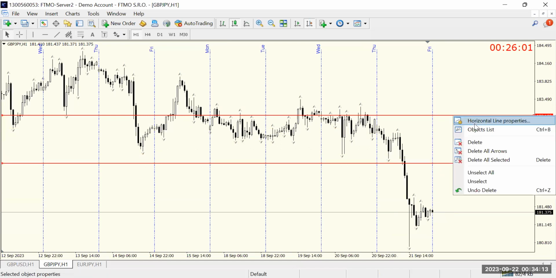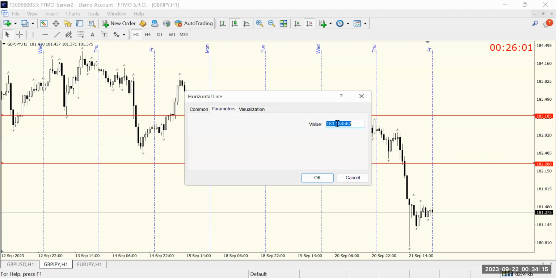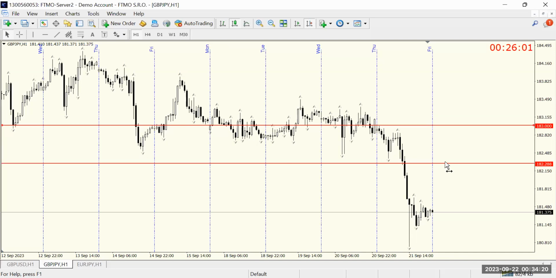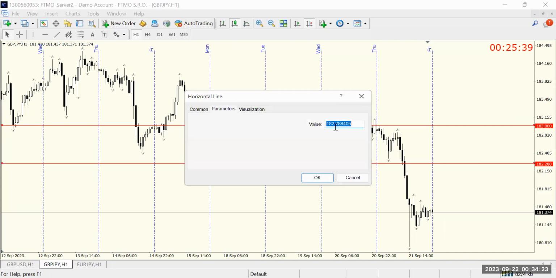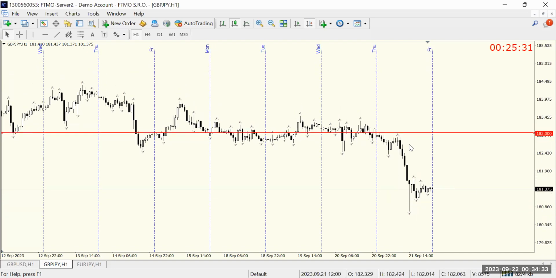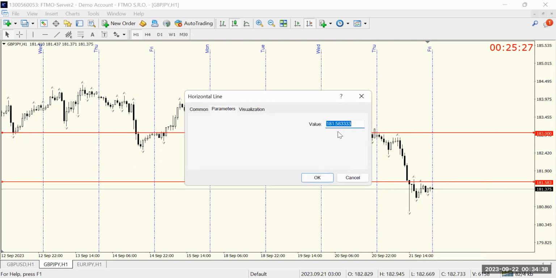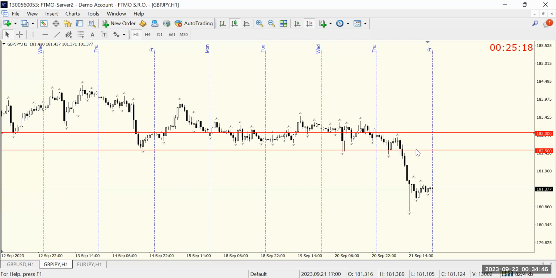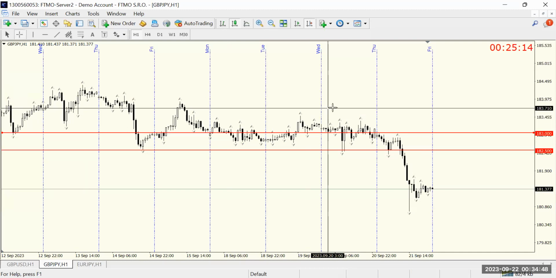This is 183.00, which means it's very close to level 00. And then we have 182.50.